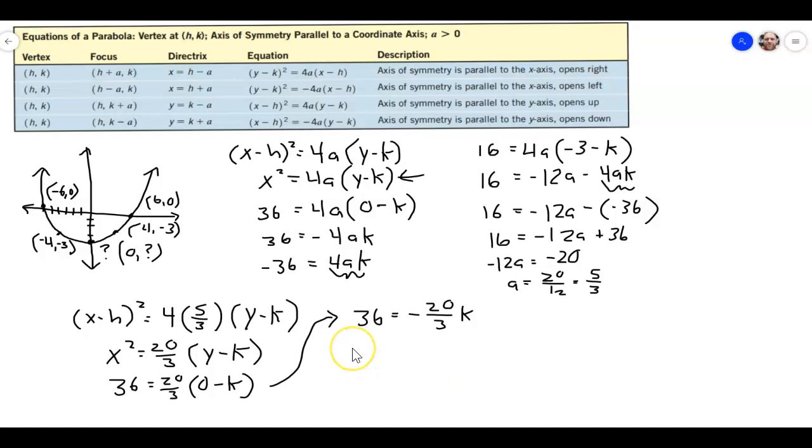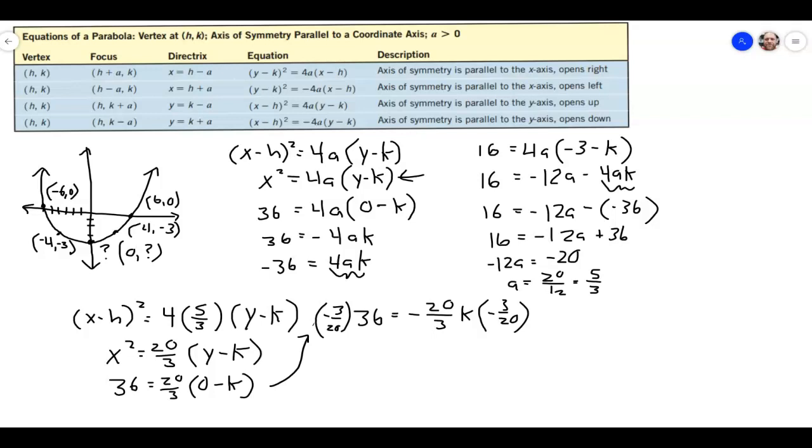And one thing you may not have done too much, but it's a nice little trick here, is that whenever we have a fraction multiplied by the variable we're trying to solve for, I can multiply both sides by the reciprocal of that fraction. So by negative 3 over 20, and that'll cancel out both of those. And then we do the same thing over here. So negative 3 over 20 times 36.